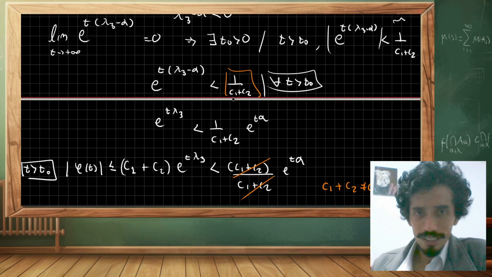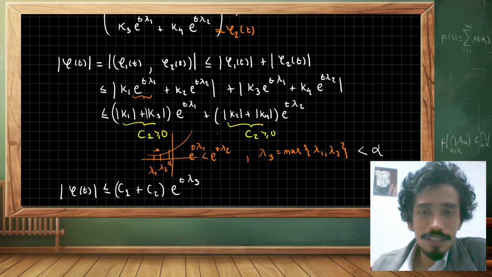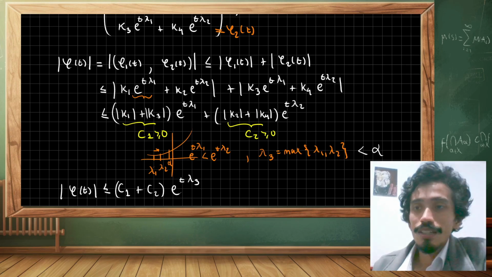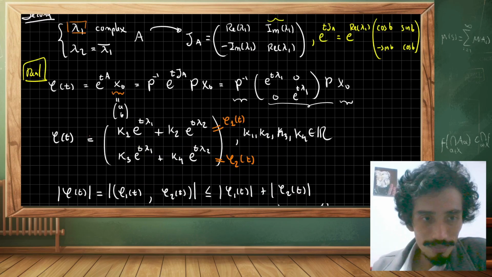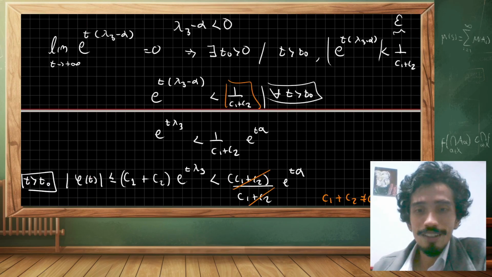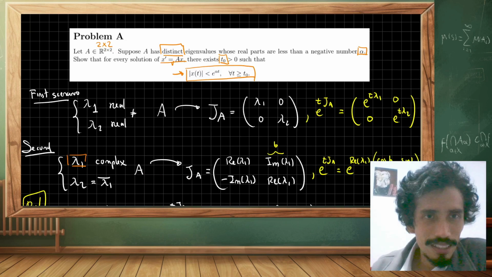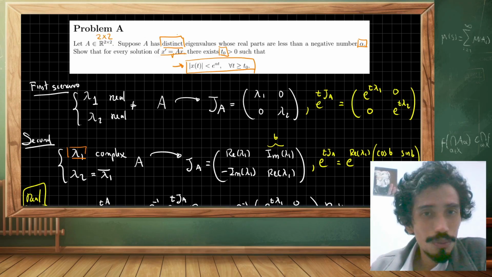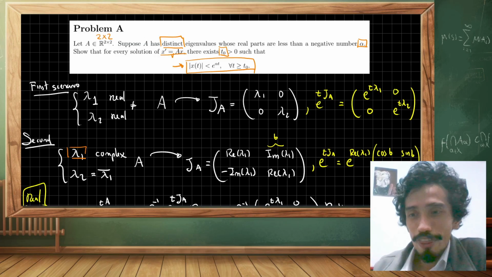But let's scroll a bit. Both terms are greater than 0, and the only way they can be 0 is when both k1, k3 are 0 and k2 and k4 are 0. So only whenever the solution is trivial, right? Only in that case C1 plus C2 is equal to 0. Let me think about this for a moment.